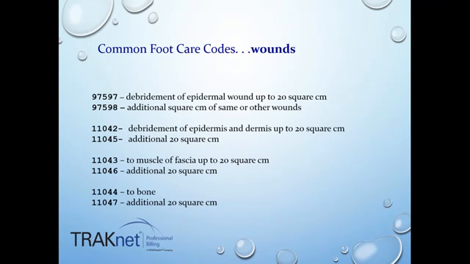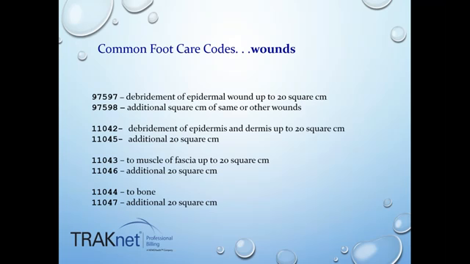They have epidemiological data that they will use against you. If you're debriding a wound that's only epidermis, you should be using the 97597 code. If it's up to 20 square centimeters, it doesn't matter how many wounds. It's the cumulative square centimeter of the wounds, plural, that matter.